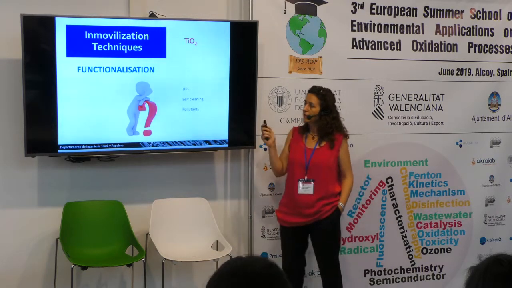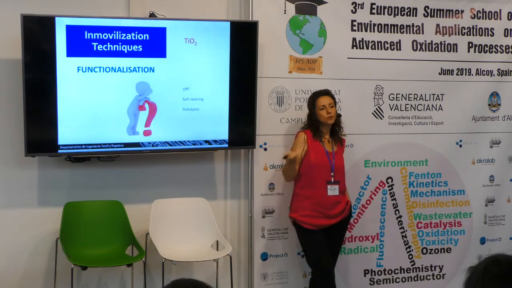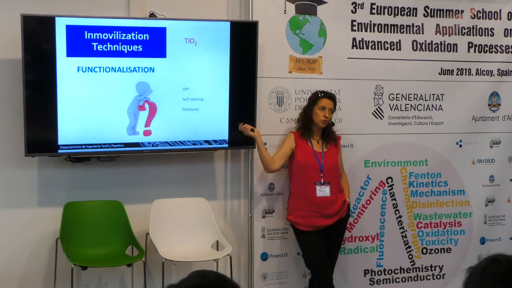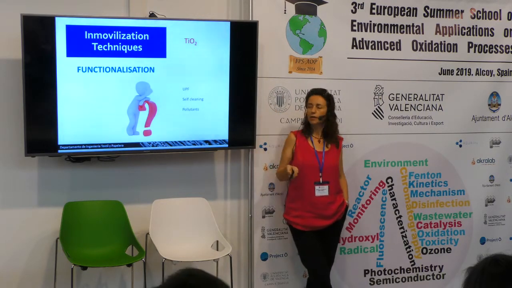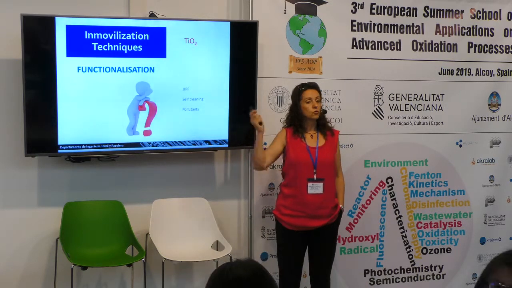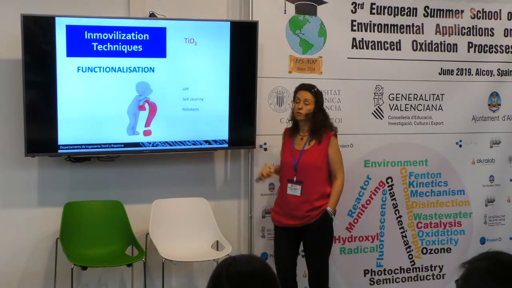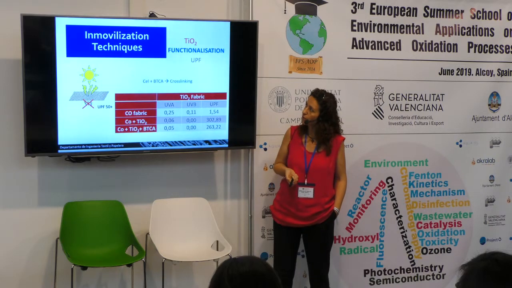In that case, this morning it was said that it could be used, for example, for antibacterial effect. Okay, but I have not included this because we do not have the possibility to test this in our laboratories. But we can use it for sun protection, self-cleaning properties, or to reduce pollutant concentration.